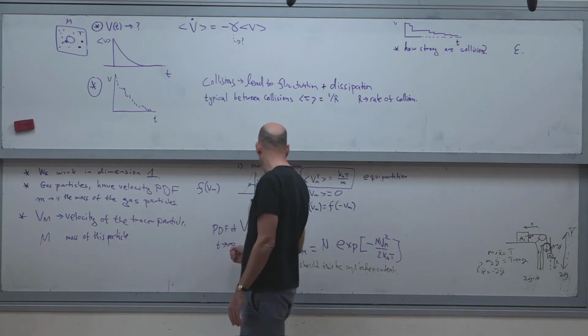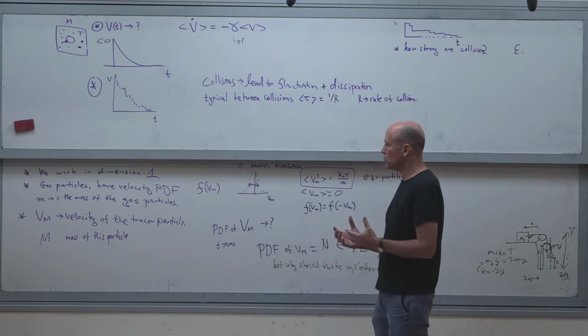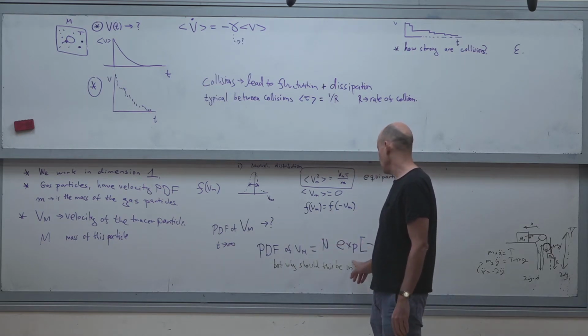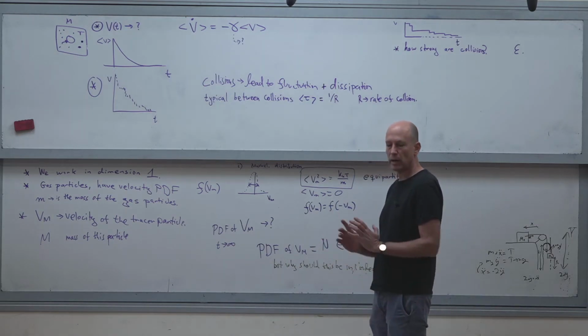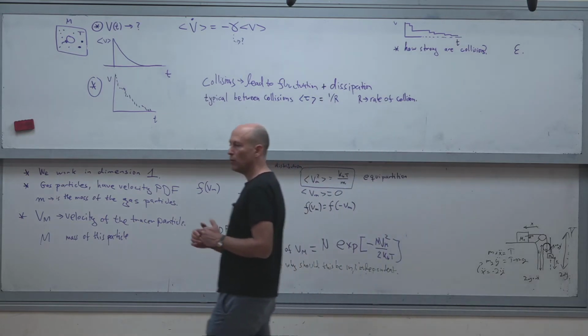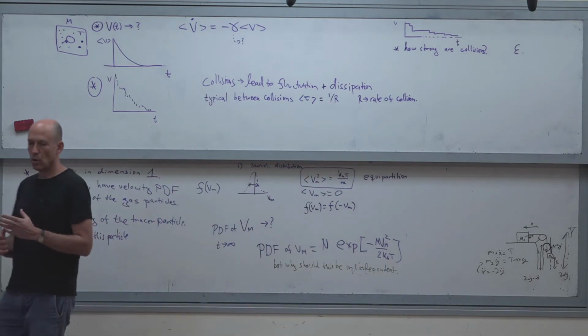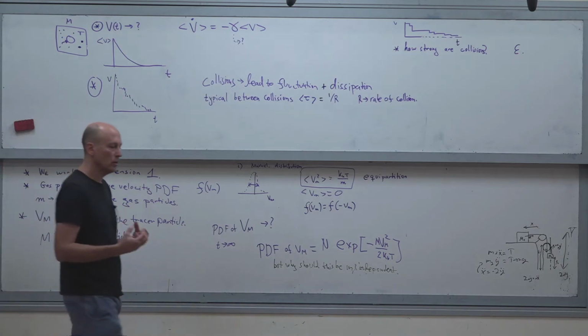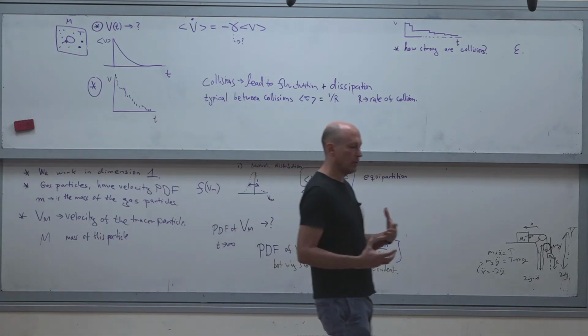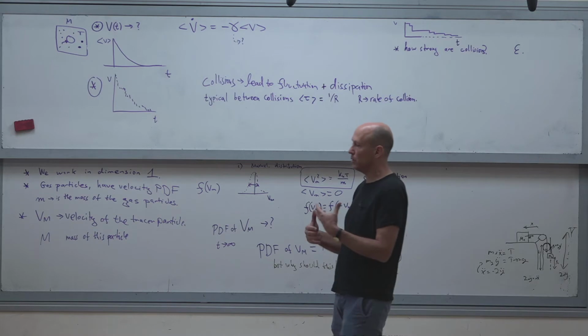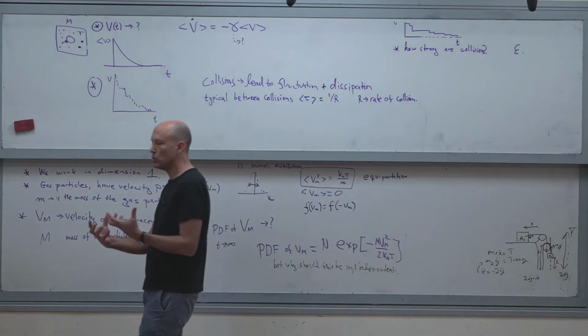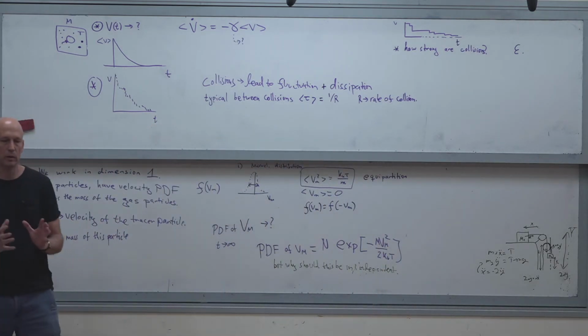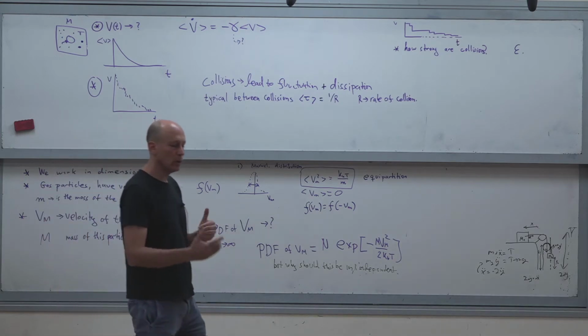I mean t to infinity is a time which is much longer than 1 over the rate R, so t times R has to go to infinity. And if you have many, many collisions, what we are actually going to add is, in some sense, the velocities of the gas particles, which will influence the velocity of the massive particle. And you will have many of them, many collisions.